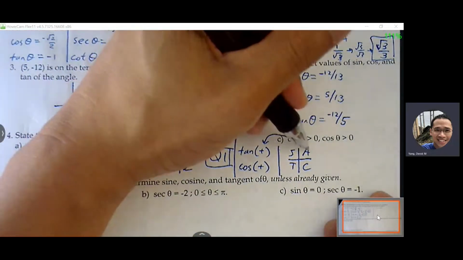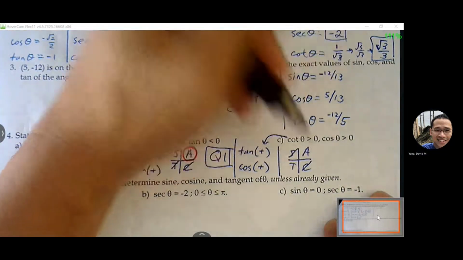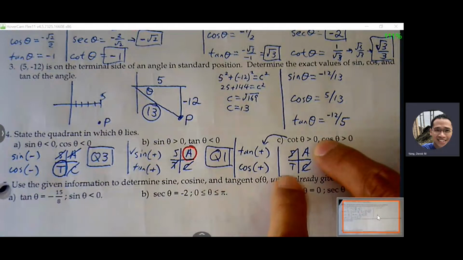Tangent is positive in the first and third. And between first and third, the only place that cosine is positive is in the first quadrant.